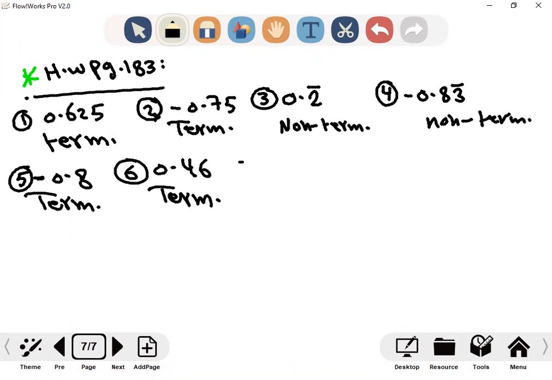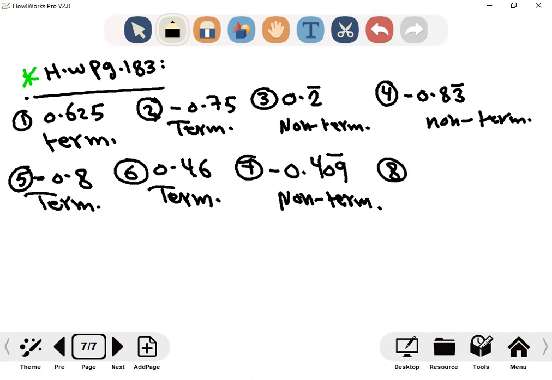Question 7, -0.409, and 09 are what? The 09 are repeated, so 09, 09, 09 stay. But the 4 is not repeated, so here it is non-terminating.